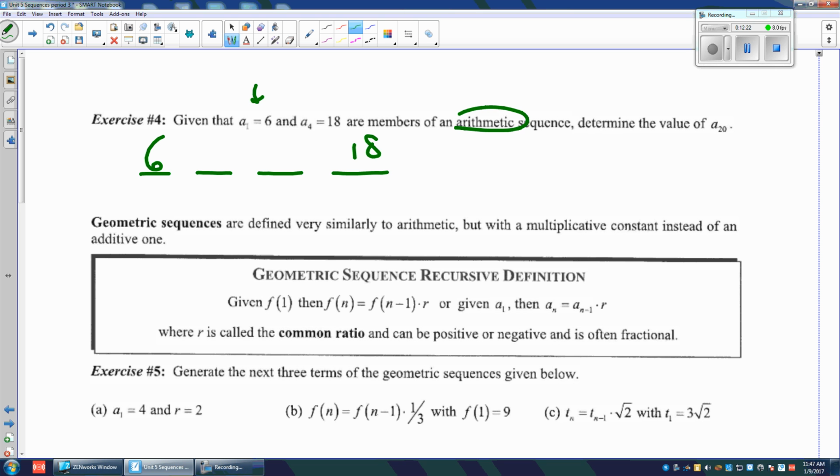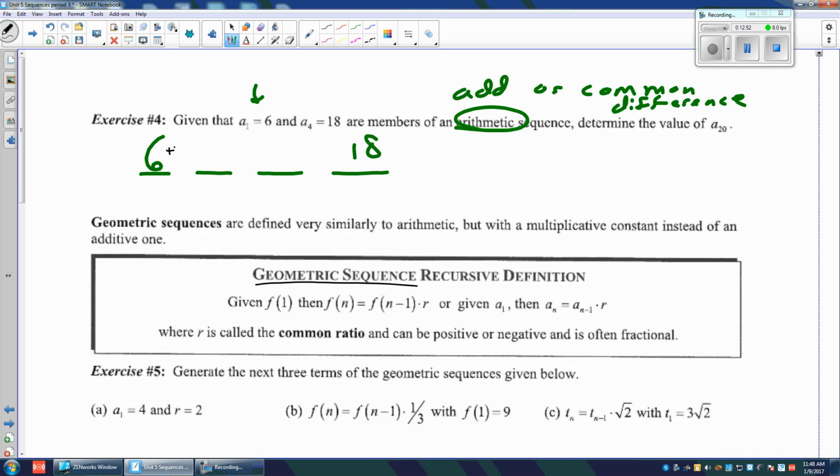Arithmetic sequence. You have to do something. What do we have to do? We have to add, or a common difference. So when we're thinking about arithmetic sequences, we always think common difference. Geometric sequences, we're going to think about something else. So how many times do I add something?